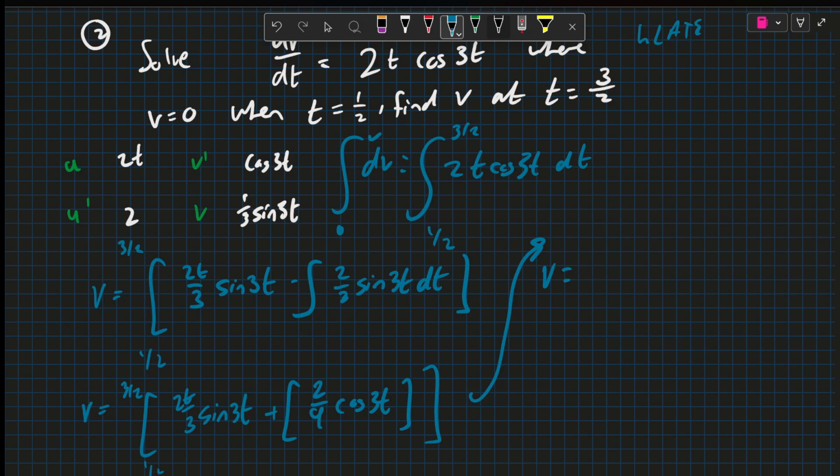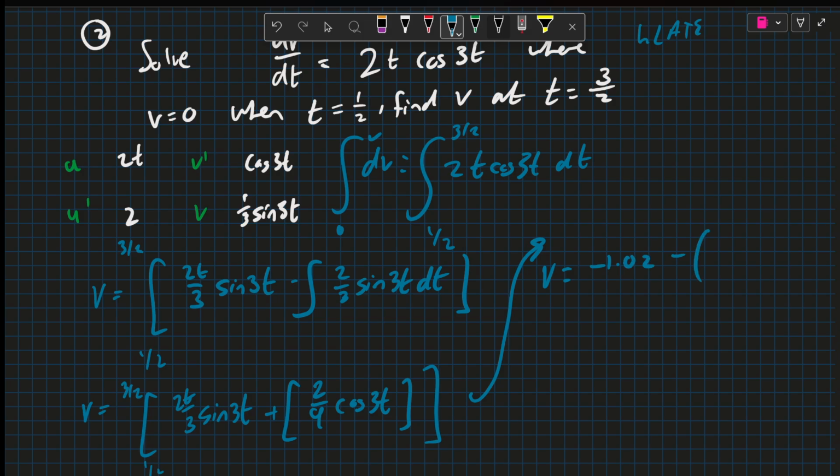So after we sub that in, if we sub in t equals 3 over 2, we get 2 over 3 times sine of 3 over 2, plus 2 over 9 cosine of 3 over 2. So the first one we get when we sub in 3 halves is minus 1.02.